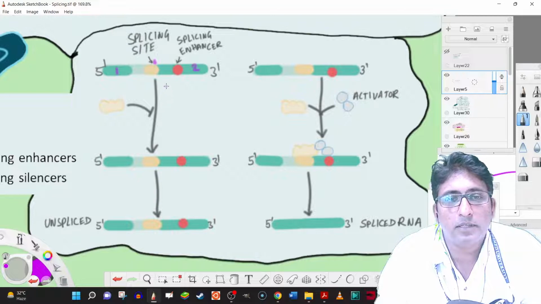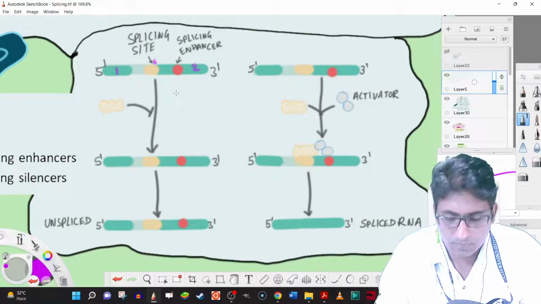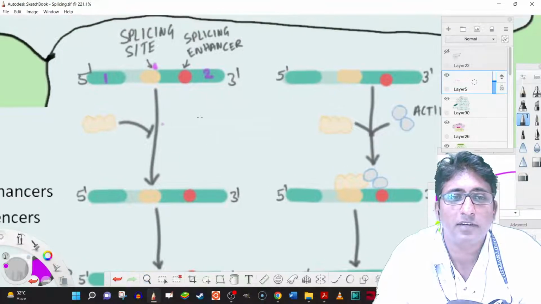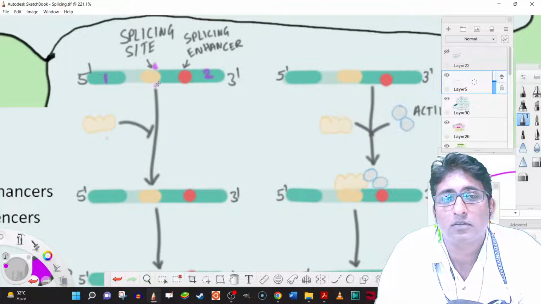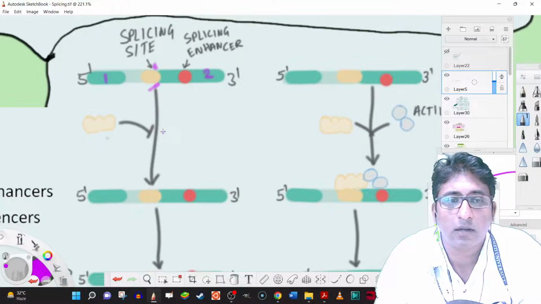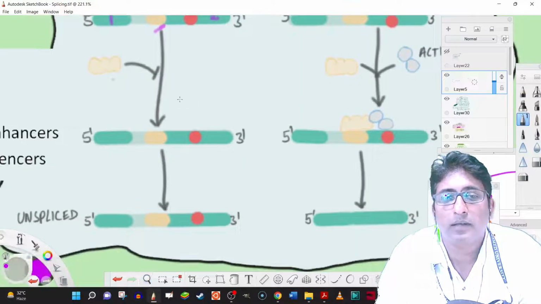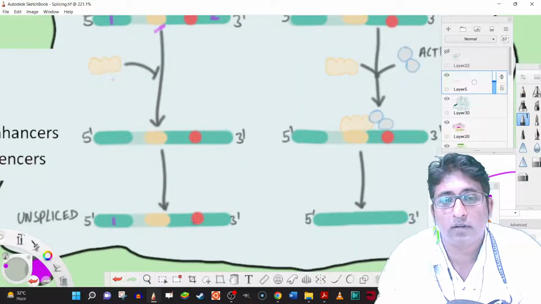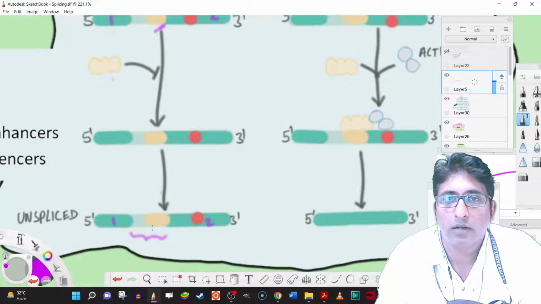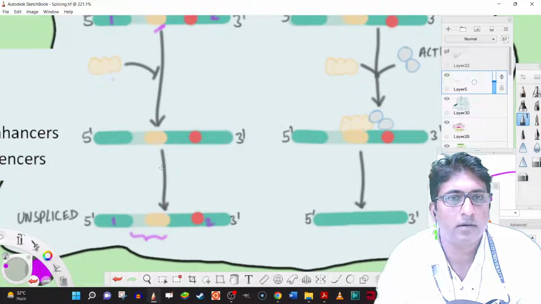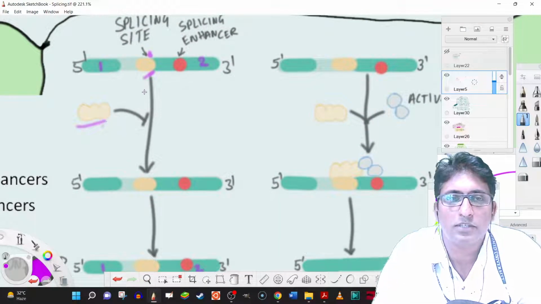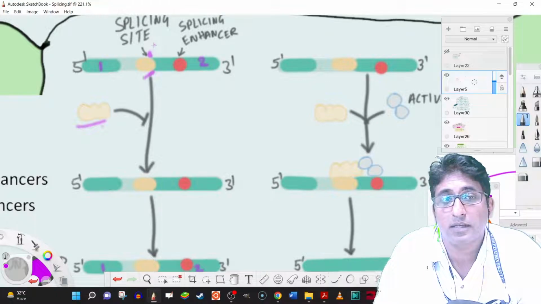Assume that the sequence is not very well recognized, so the affinity of the splicing machinery for this region would be very low. So splicing might not occur at all, and what we might have is exon 1, exon 2, and this whole intron retained. Why is it occurring? Because of the inability of the splicing machinery to efficiently recognize the 3' splice site in this case.